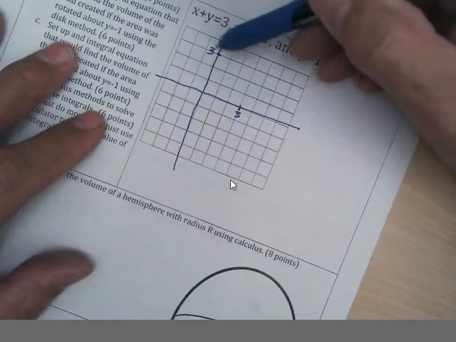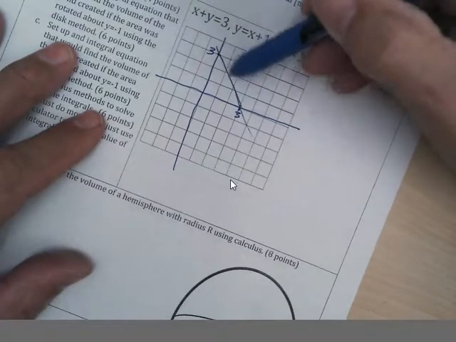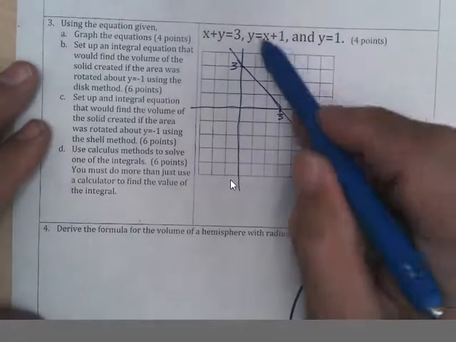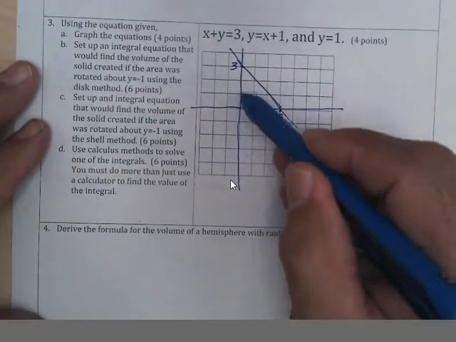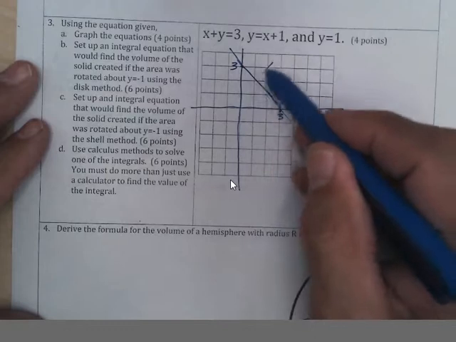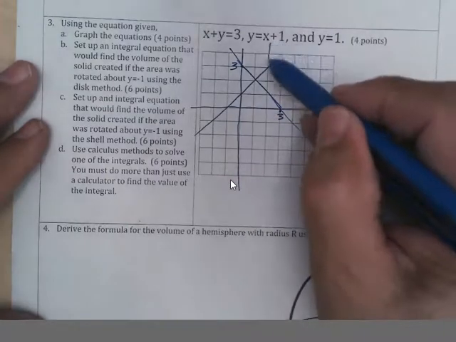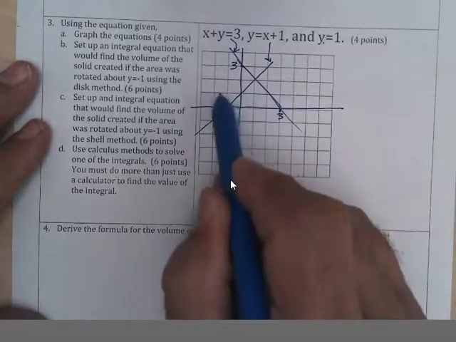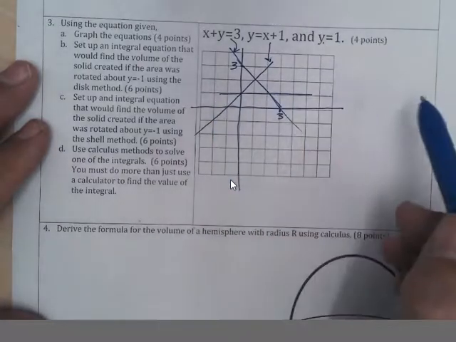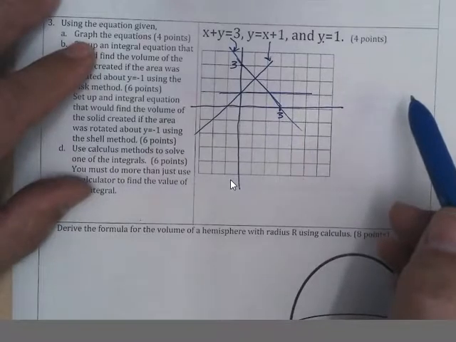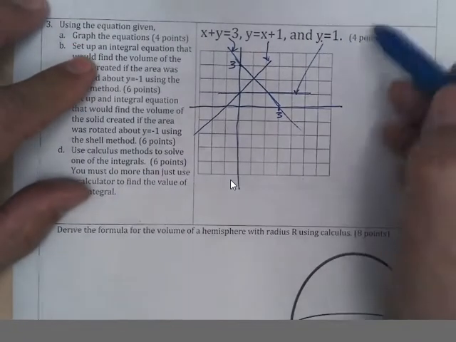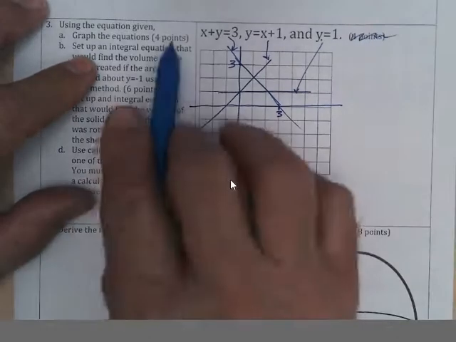And for intercepts, so x plus y equals 3, looks like that line-ish. y equals x plus 1, so y-intercept of 1, slope of 1, looks like that. y equals 1, looks like this. I graph my 4 equations. Then, well, that's the 4 points there.